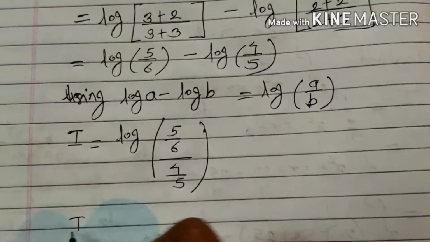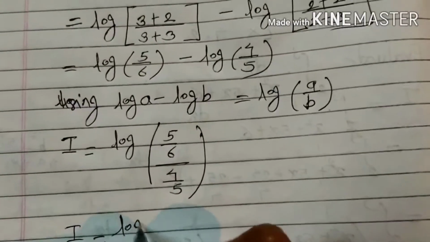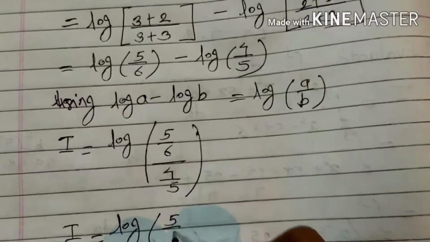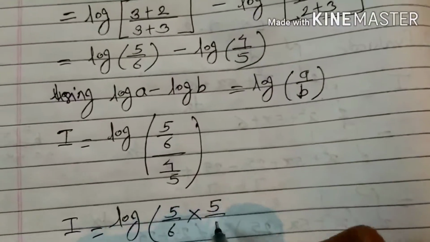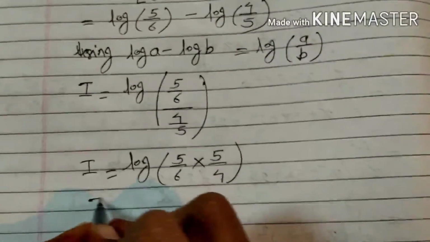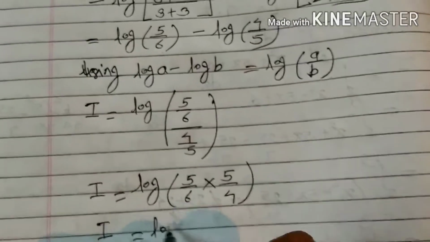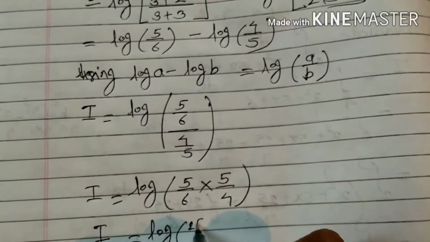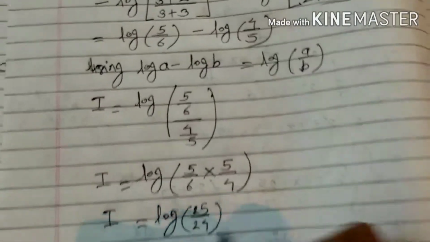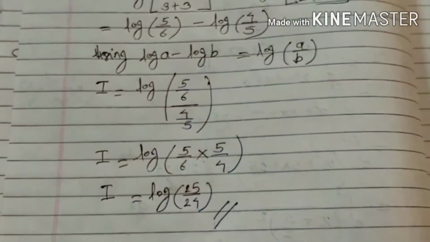So this is I is equal to log of 5 upon 6 into 5 upon 4, which is equal to log of 25 upon 24. So this is our answer.